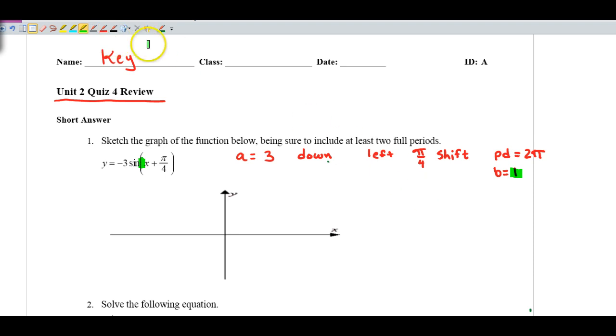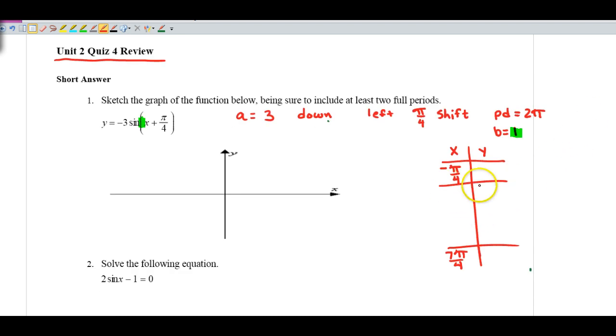So I'm going to start my table at negative pi over 4. And I have my x and my y. I'm going to start it at negative pi over 4, and I'm going to add 2 pi to end it at 7 pi over 4. And in between those values, I'm going pi over 2 to positive pi over 4 here, and then pi over 2 to 3 pi over 4 here, and 5 pi over 4 here.